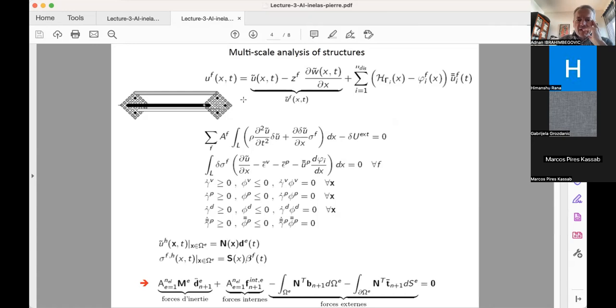And then we have worked out, this is your Euler-Bernoulli beam. We have a displacement in every fiber to be displaced on the neutral axis of the beam: u field of x and t, minus z_f, where z_f is the position of the particular fiber with respect to the center of the cross section, times dw/dx, w being the transverse displacement.